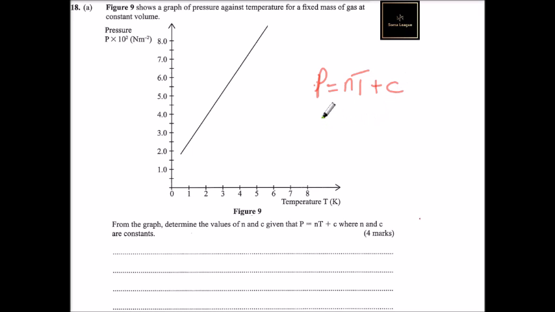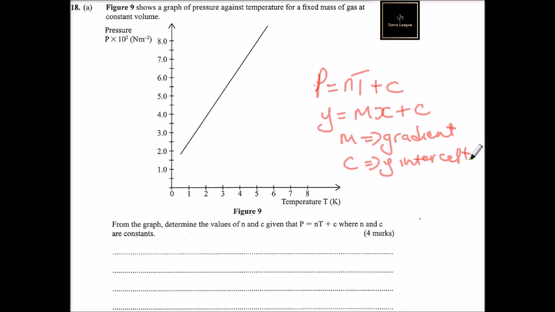And to get C, you remember you did in mathematics, which is compulsory, the equation of a straight line, y equals mx plus C. We said that m represents the gradient and C represents the y-intercept. So the same concept we are going to apply here.